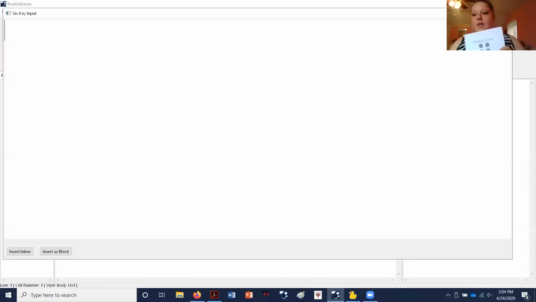All right, so I am in 6-key entry or 6-key input mode on Braille Blaster. And if you would like to do this yourself, you can just hit F6, or you can tab over to the Tools tab and just hit the down arrow until you get to where it says 6-key mode.